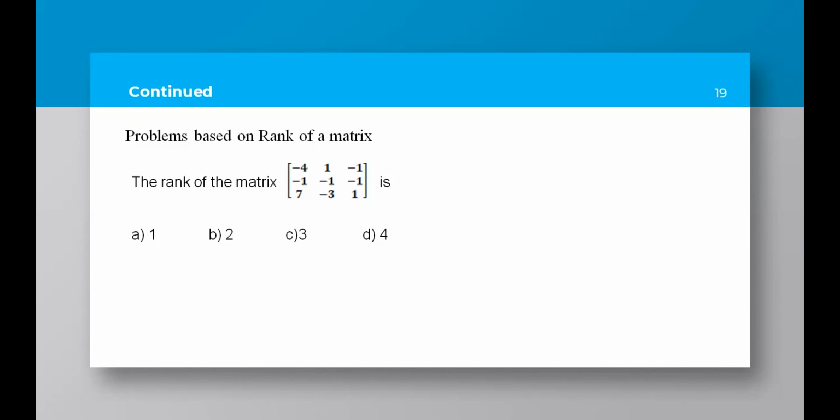Try using row elementary transformations to express the given matrix in row reduced echelon form, and then count how many non-zero rows are there. That number of non-zero rows will become the rank of the matrix.